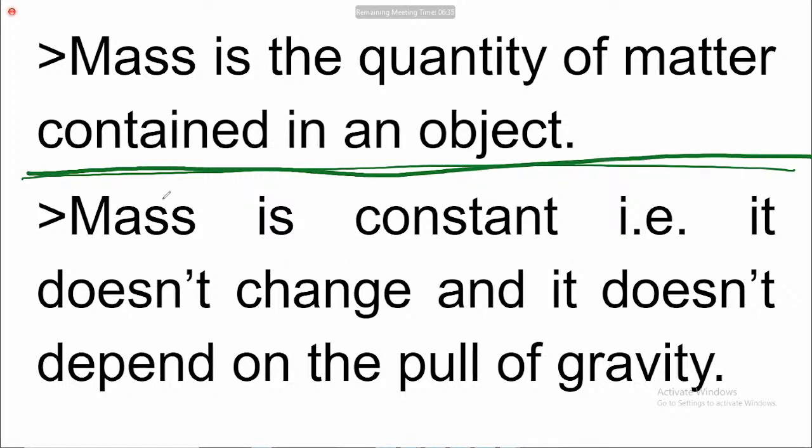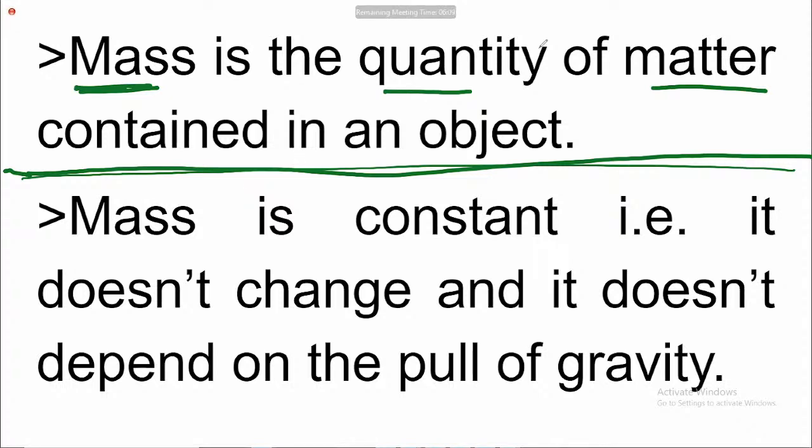But remember weight, we said weight is the gravitational force exerted on an object. But mass is the quantity of matter contained in an object. That's what we call mass, the quantity of matter in an object.